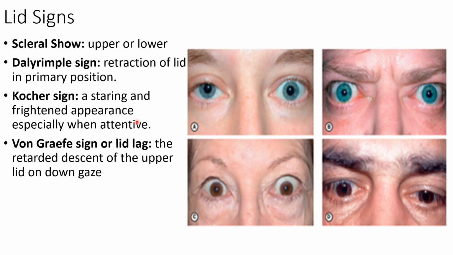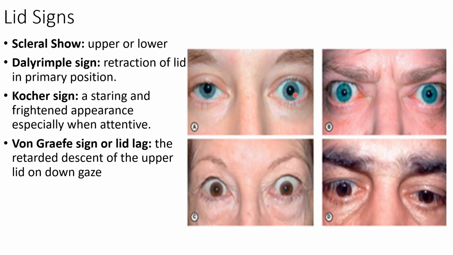There may be a scleral show because of upper and lower lid retraction. Then there is Dalrymple's sign, that is retraction of the lid in primary position. Here you can see the patient is in primary position, then on the left you can see the scleral show because of the lid retraction. This is called Dalrymple's sign.